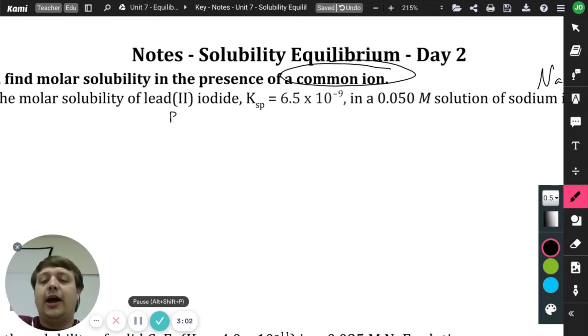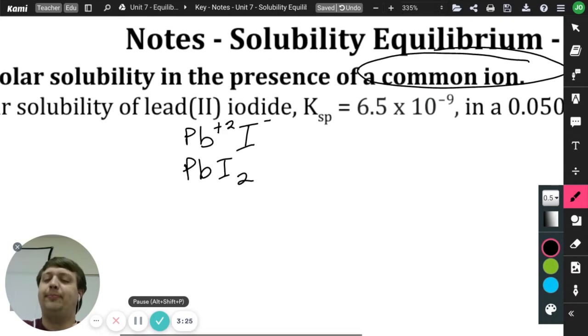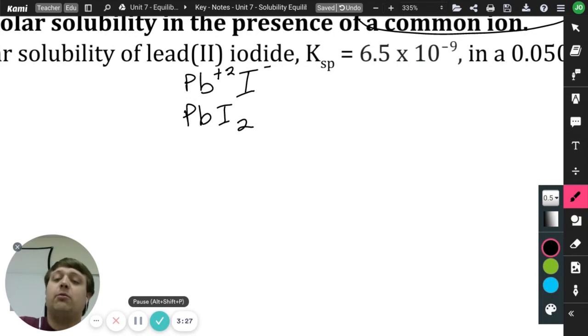Over here, I've got lead(II) iodide, which would be Pb with a +2 charge. Iodine's got a minus. So when you cancel those out, you get PbI2. Okay. Now, we need to figure out how this common ion is going to affect our solubility. So it's going to be very similar to what we did last class, but there's a little bit of a twist to it. So we are going to need an ICE table.